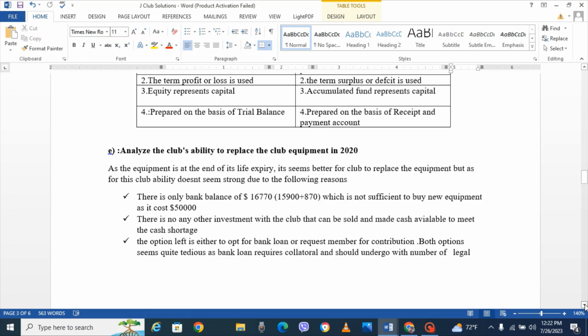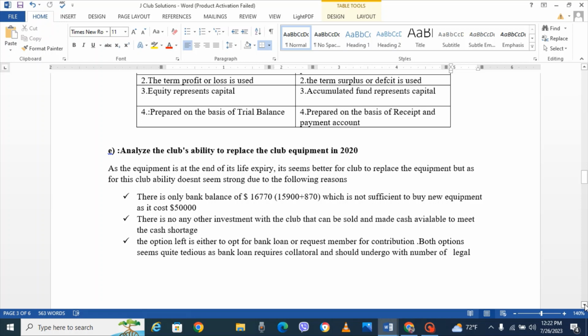Number one, there is only a bank balance of $16,770, that is 15,900 closing bank balance, plus 870 that is still to be credited by the bank. So in total, we have $16,770 available as a bank balance, which is not sufficient to buy new equipment because that costs $50,000. The next reason is that there is no other investment seen with the club.